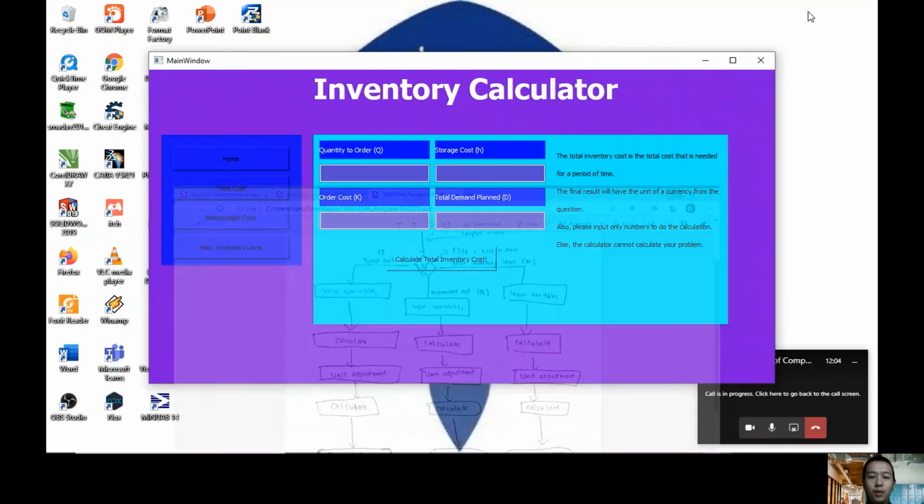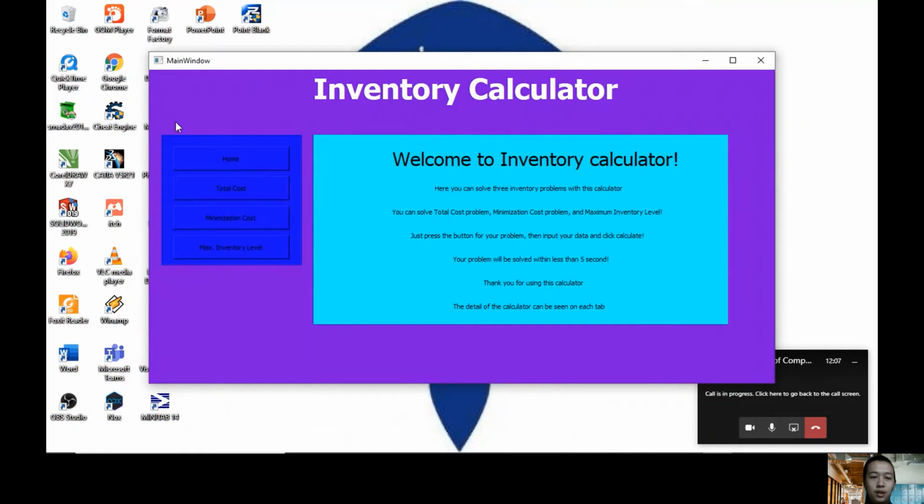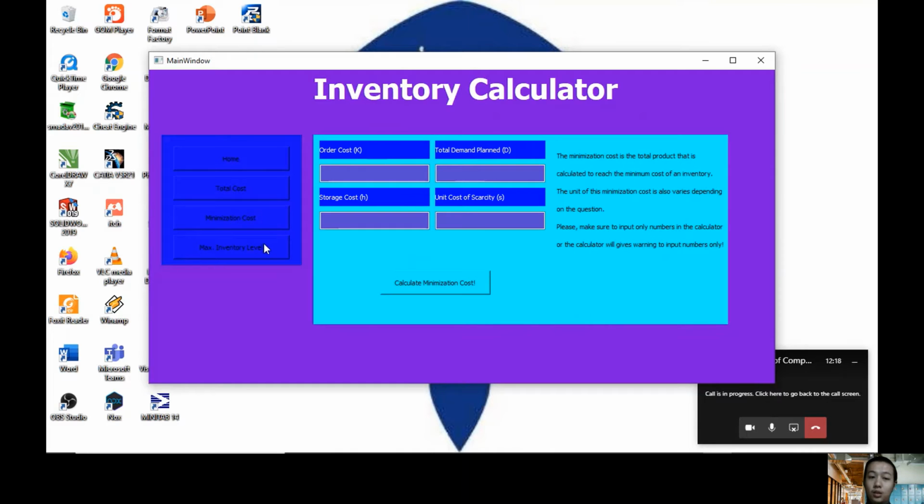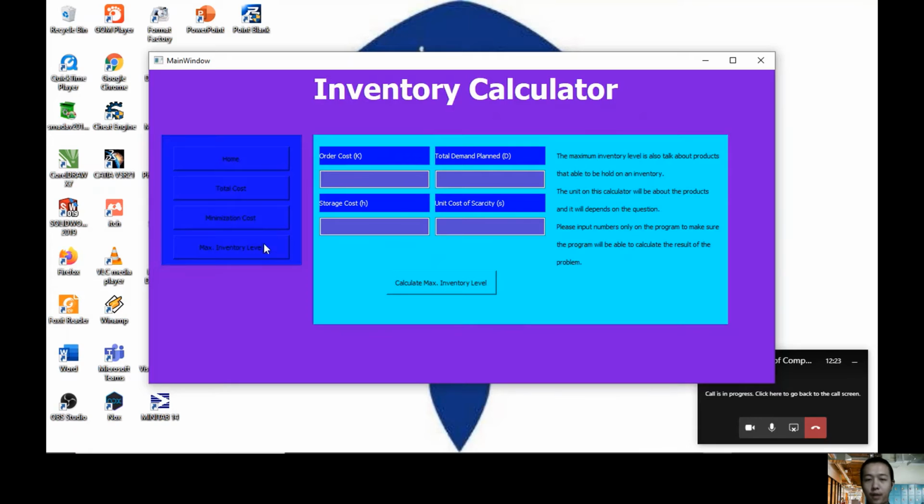So for the program, there is a home menu that explains the calculator, a basic explanation, and there are also three other menus: total cost, minimization cost, and maximum inventory level.